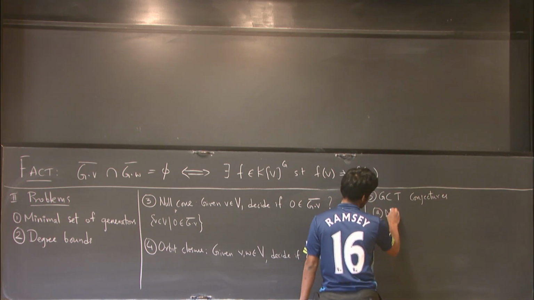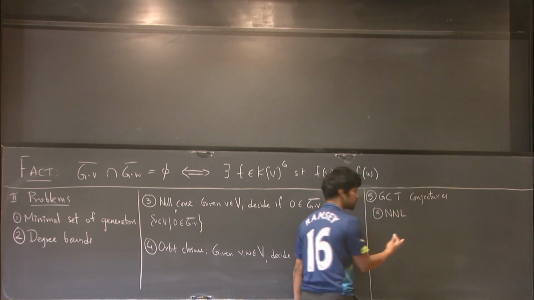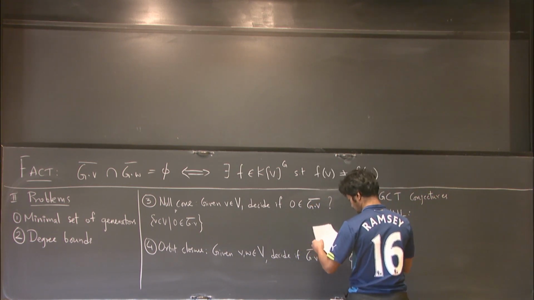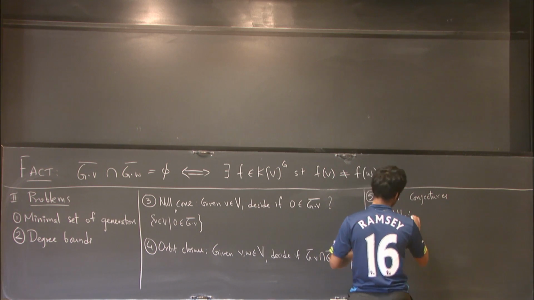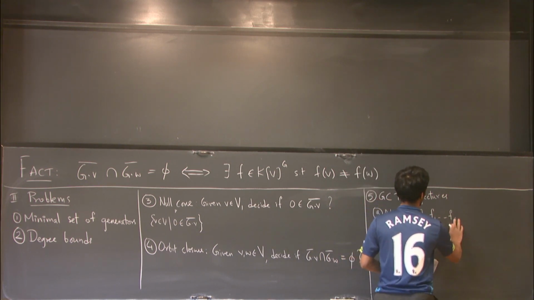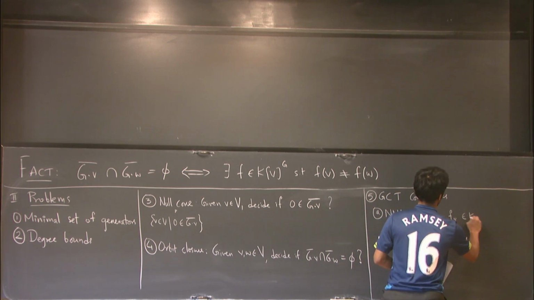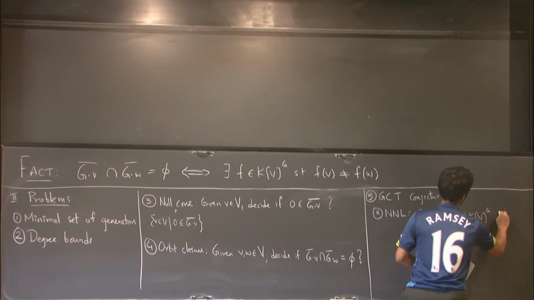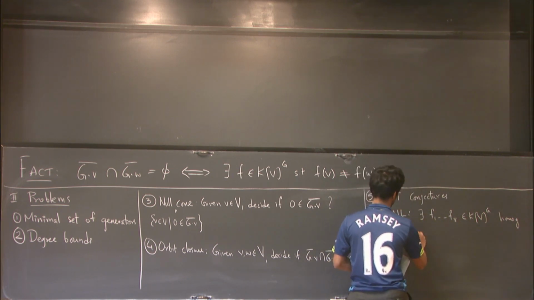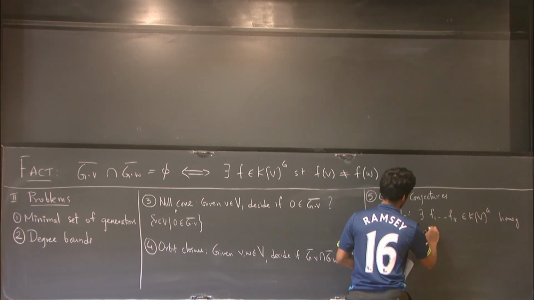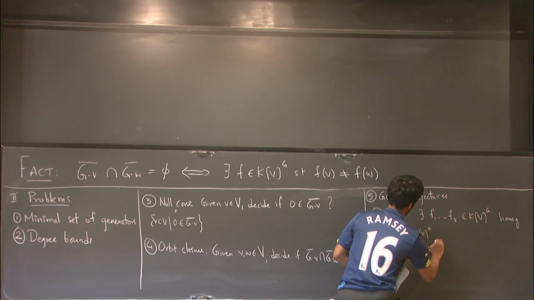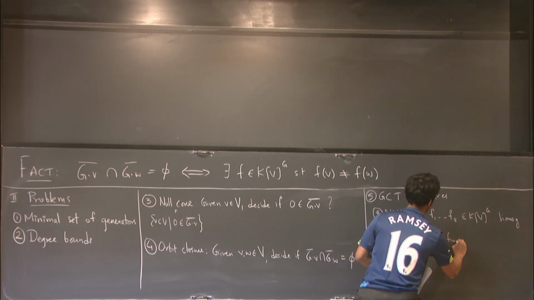So the first and main conjecture it has is called Noether normalization lemma. This conjectures that there exists a bunch of invariants which are homogeneous, with the property that the extension is finite.